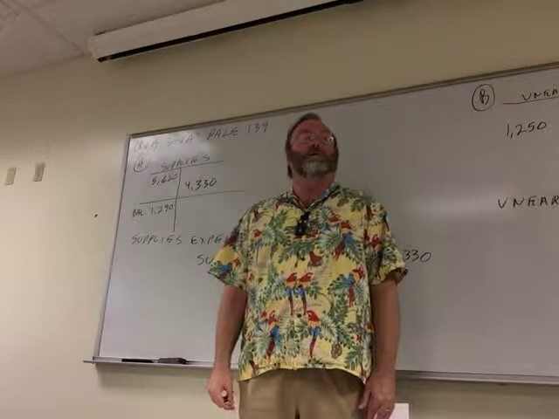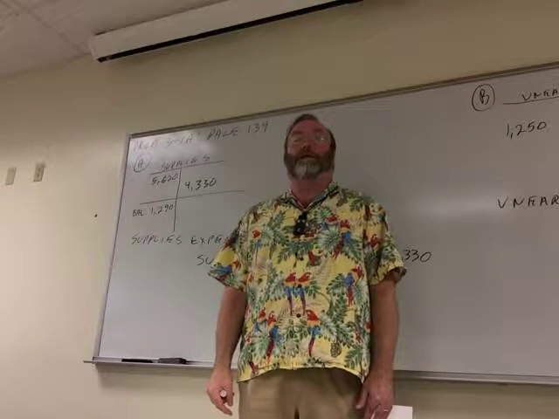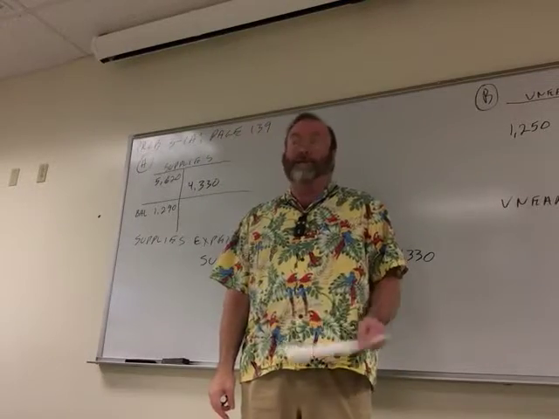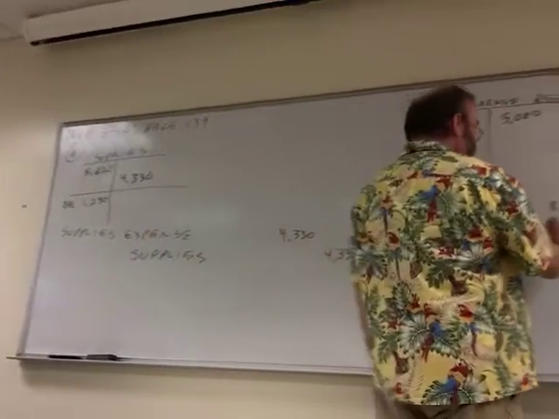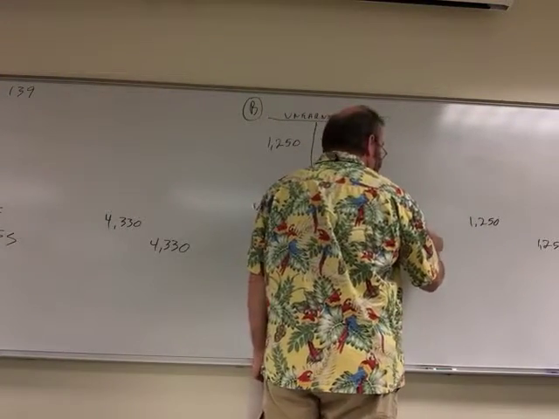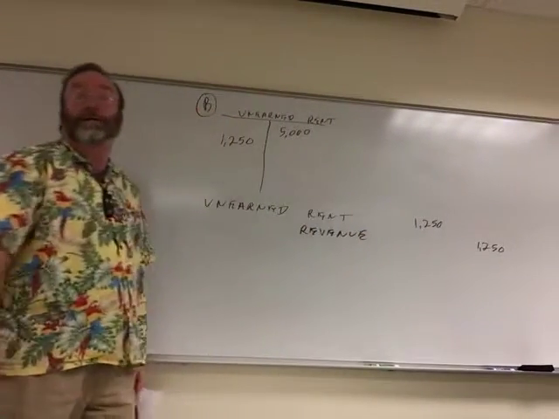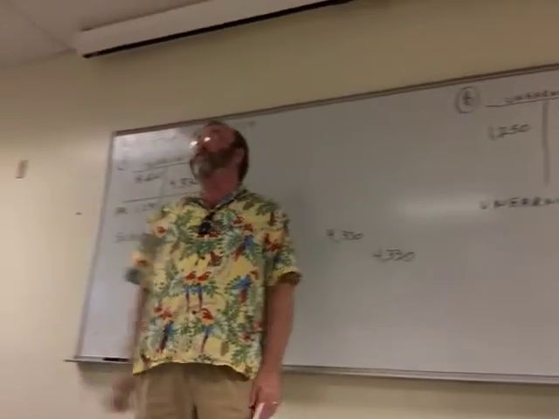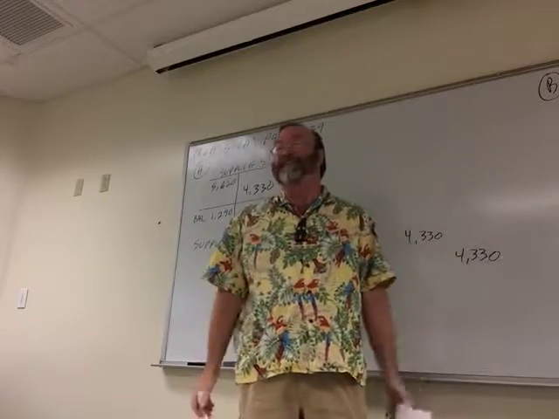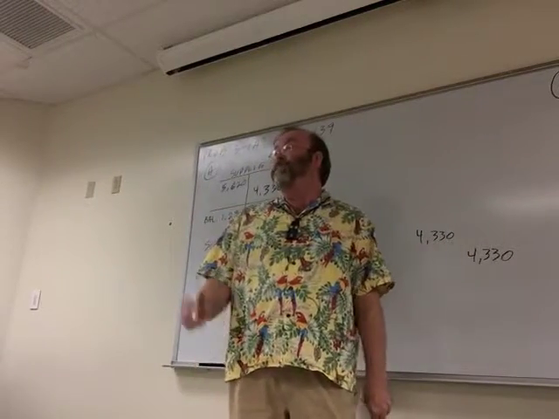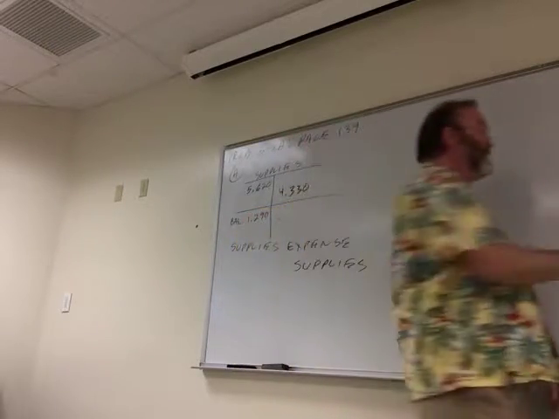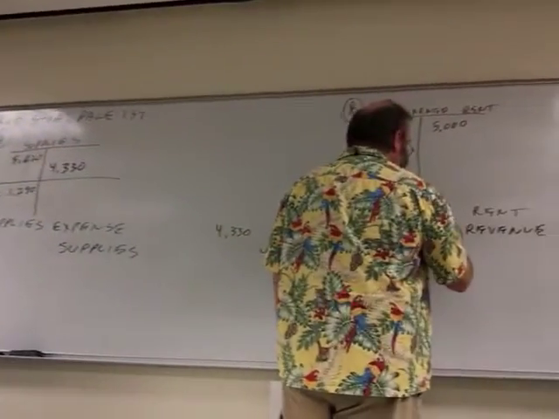So what's the credit? I'll give you a hint. It's something revenue. What would make sense in this case? Income, maybe. There's a better word. What is it? Huh? Rent. It's rent revenue, yes.